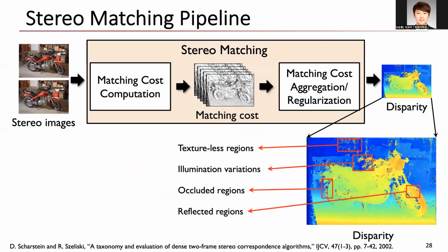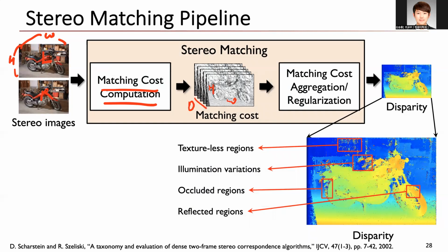In detail, the stereo matching pipeline consists of matching cost computation. For example, our left and right camera images of size H by W go through matching cost computation, which generates the matching cost of size H by W by T, where T means the search range.